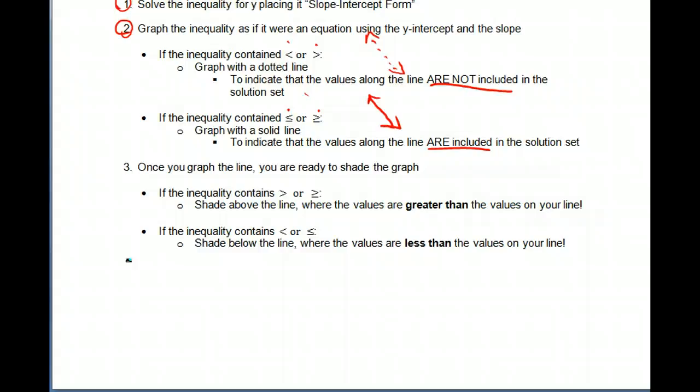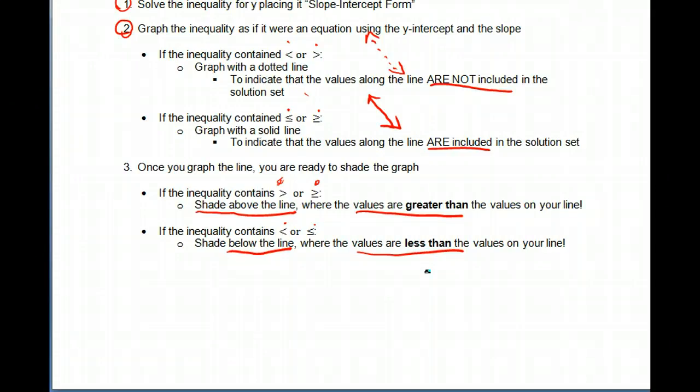So if the inequality contains a greater than or a greater than or equal to, you will shade above your line, where the values are greater than the values on your line. If the inequality contains a less than or a less than or equal to, you will shade below your line, where the values are less than the values on your line.